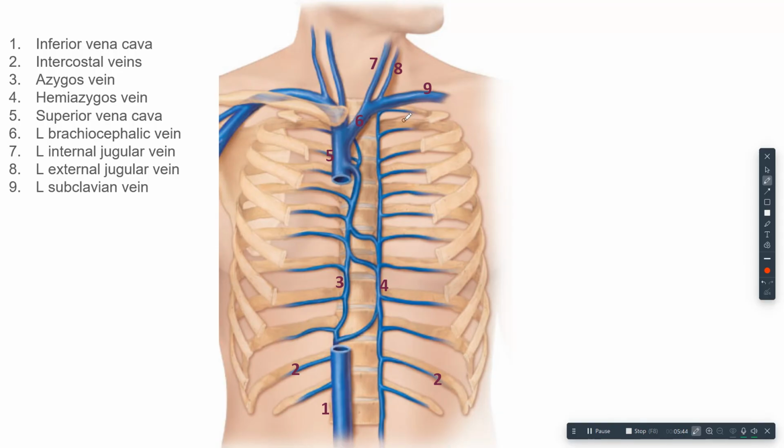I also see a lot of posterior vessels along the ribs, a lot of posterior intercostal veins here. And my intercostal veins are going to go either into this guy. This guy right here is called my azygos vein, and he is going to empty directly back up into that superior vena cava.